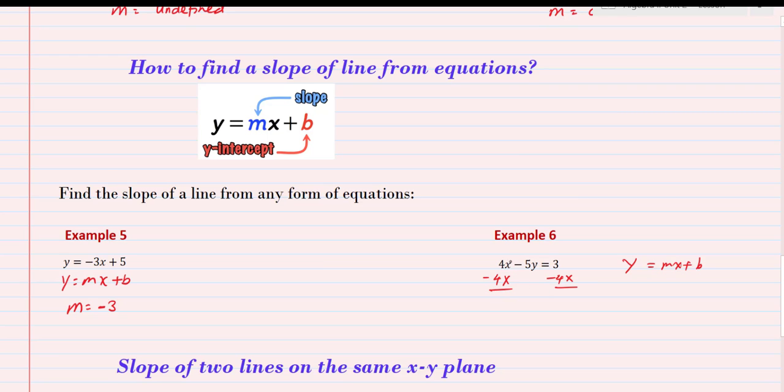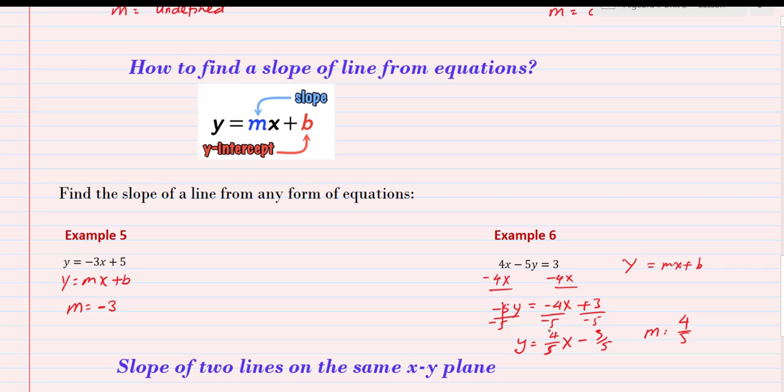So we have negative 5y equals negative 4x plus 3, and I'm going to divide each one of the terms by negative 5. So we have y equals, negative cancels out, 4 over 5 x, and we have negative 3 over 5. Now the slope is going to be 4 over 5. It's the coefficient of x.